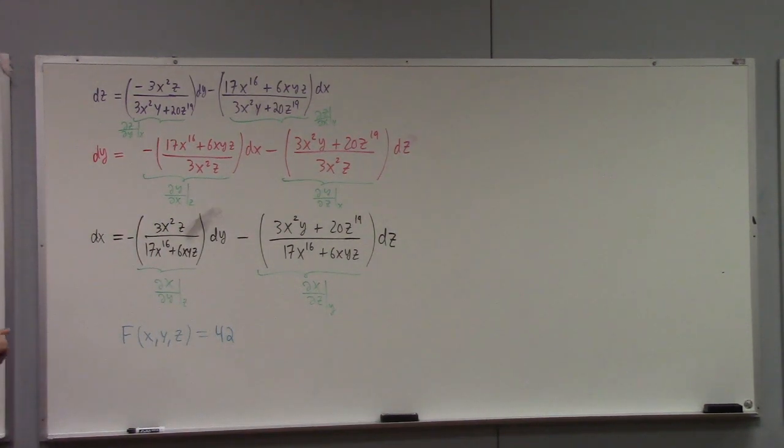The theorem is that you can solve for one of the variables as a function of the others if the partial derivative with respect to that variable is non-zero at the point and the function is continuously differentiable.